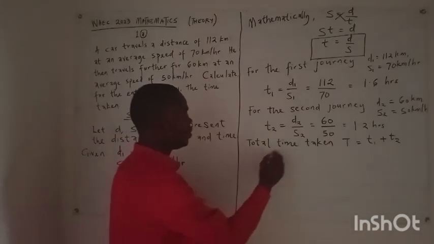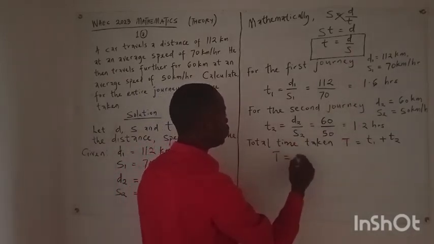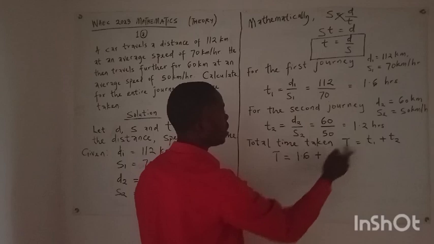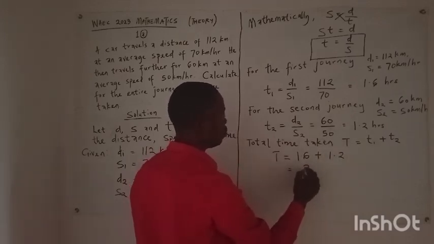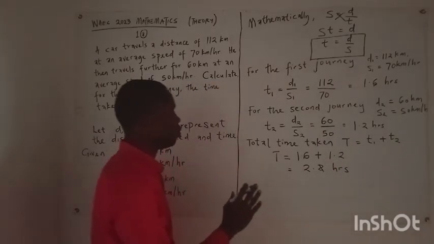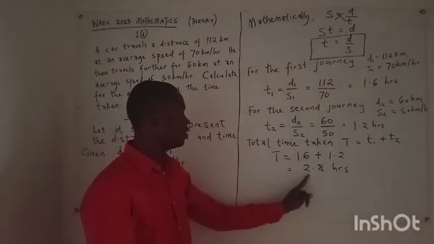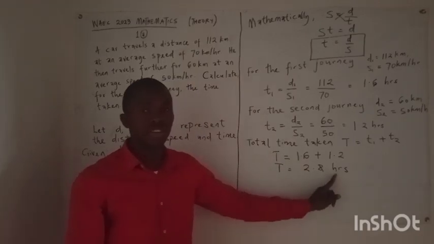And so T, by substitution, will be equal to our T1, which is 1.6, plus our T2, which is 1.2, which will give us 2.8 hours. So we can give our answer like this: T, total time taken, is equal to 2.8 hours.